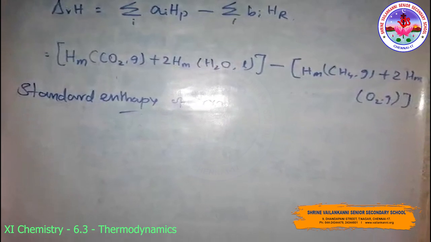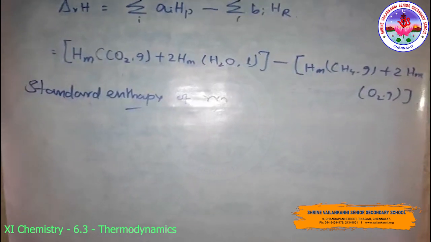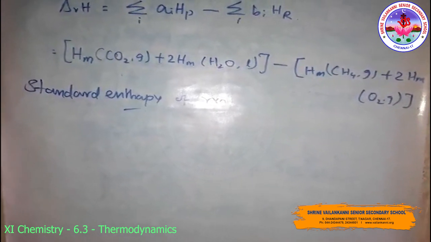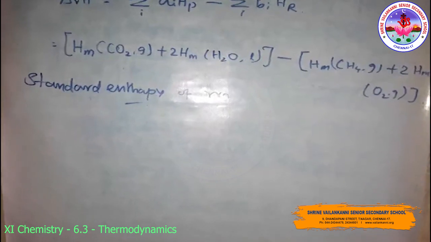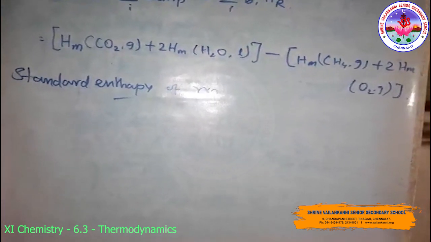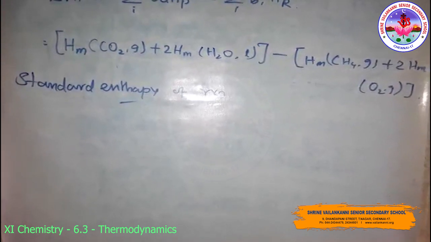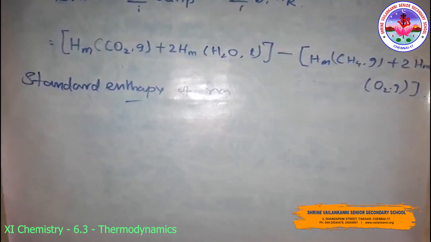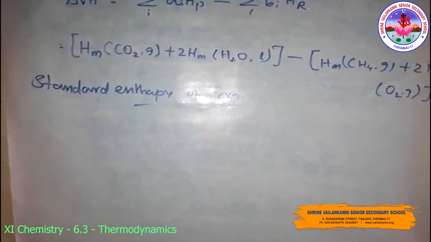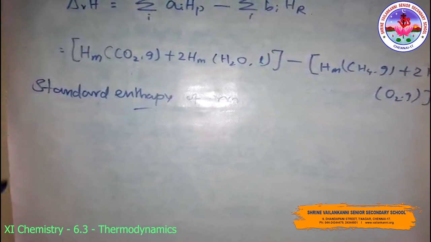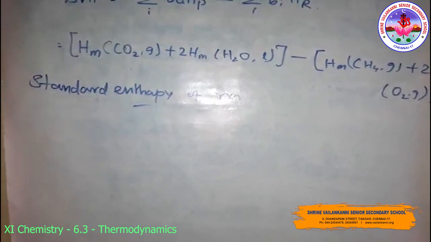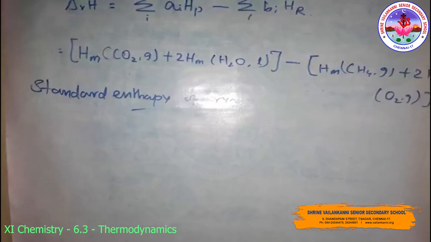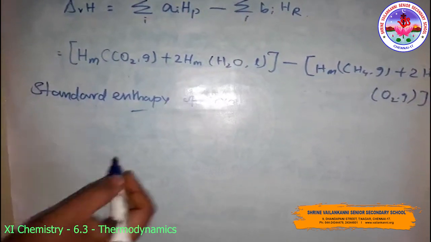Standard enthalpy of a reaction. The enthalpy of a reaction depends on the condition under which a reaction is carried out. It is therefore necessary that we specify some standard condition. The standard enthalpy of a reaction is the enthalpy change for a reaction when all the participating substances are in their standard state. The standard state of a substance is its pure form at a specified temperature and 1 bar.